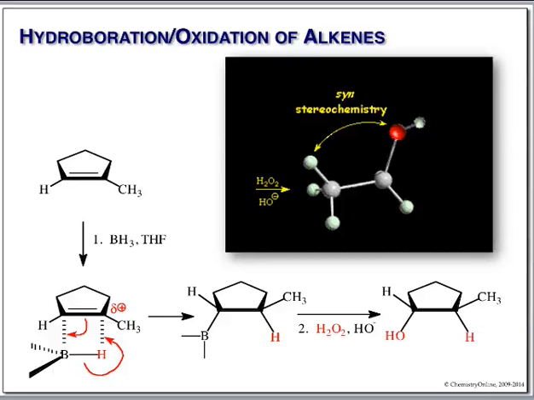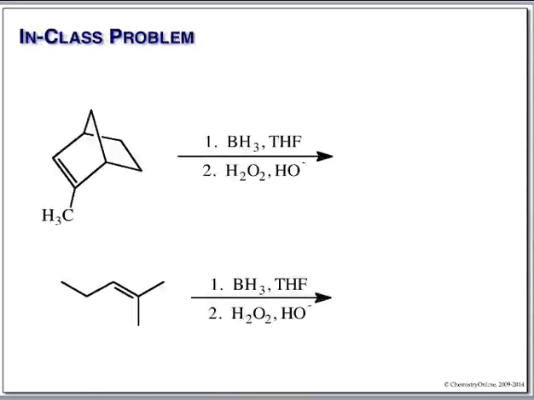Any questions? So we have three ways to make alcohols now. Two Markovnikov, one anti-Markovnikov. Go ahead and draw the products for these guys. Remember, the hydrogen and the OH group must be on the same side of the molecule.